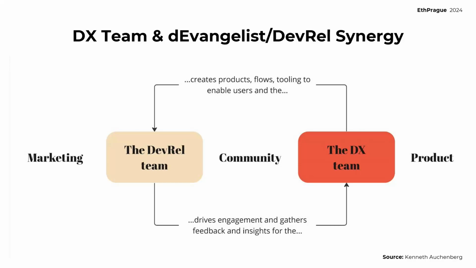DevRel is about taking this DX to the community. Effective DevRel engineers convey empathy towards developer needs, and gather feedback and insights, which the product team will feed back into the experience to make it awesome. There is no good DX without good DevRel, and no charismatic DevRel without the backing of amazing DX.